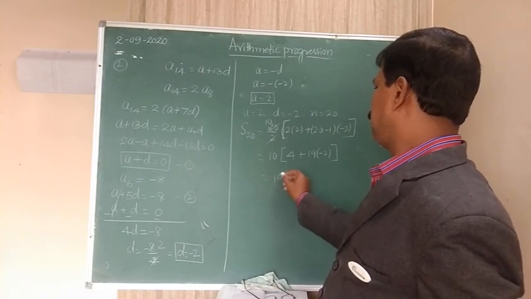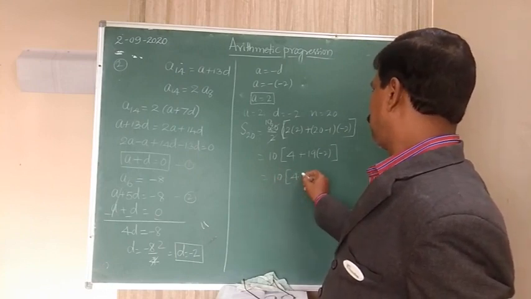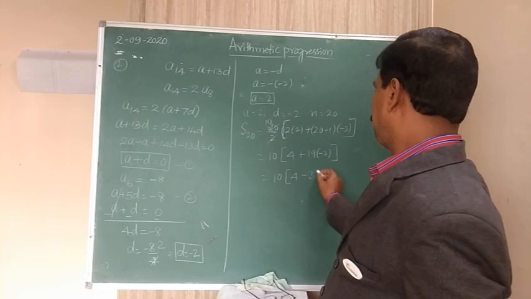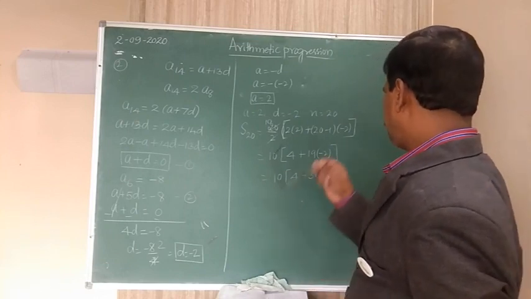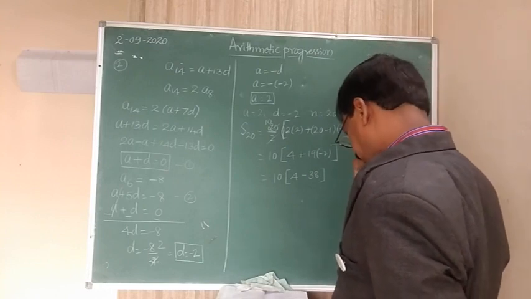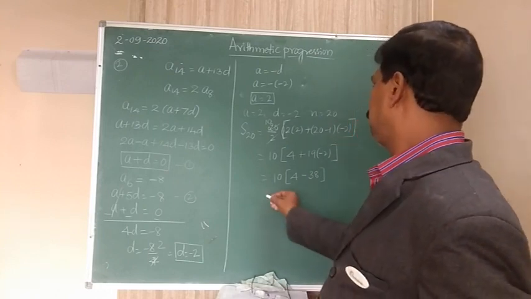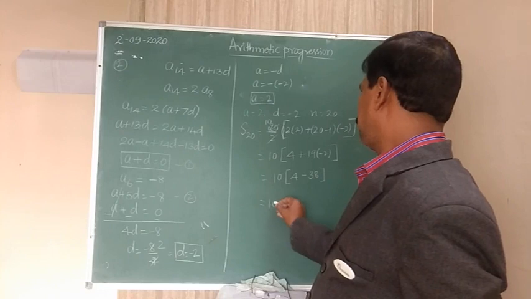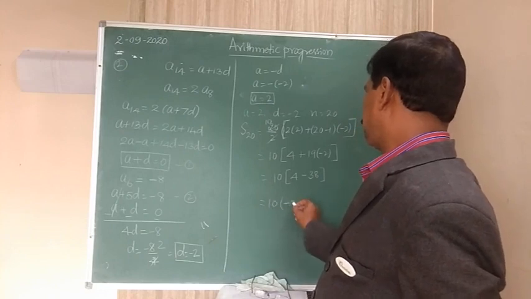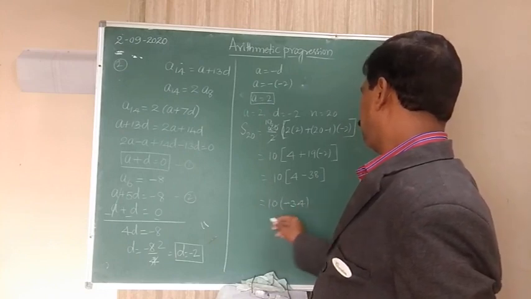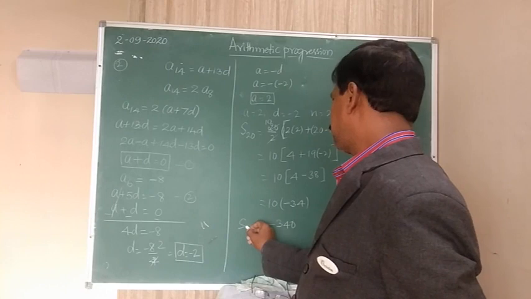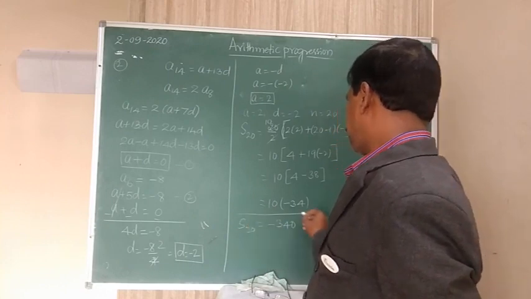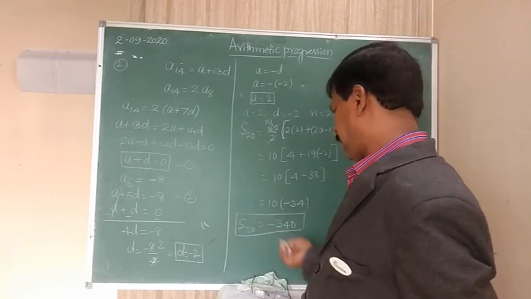So 10 into 4 minus 38. Is it right? 38. Right. Now this is 10 into minus 34. Then minus 340. Yes, S20 is minus 340.